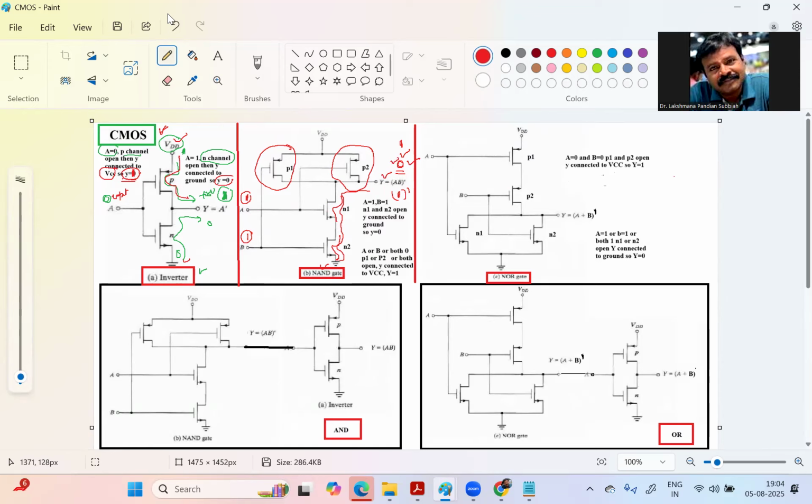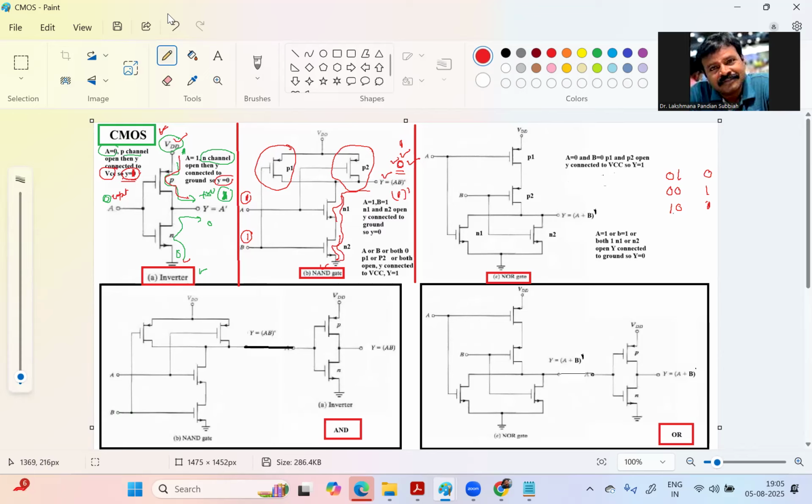So the NAND gate property is, if you are applying 0, 1, then the output is 1. If you are applying 0, 0, the output is 1. If you are applying 1, 0, the output is 1. If applying both 0, the output is 1.